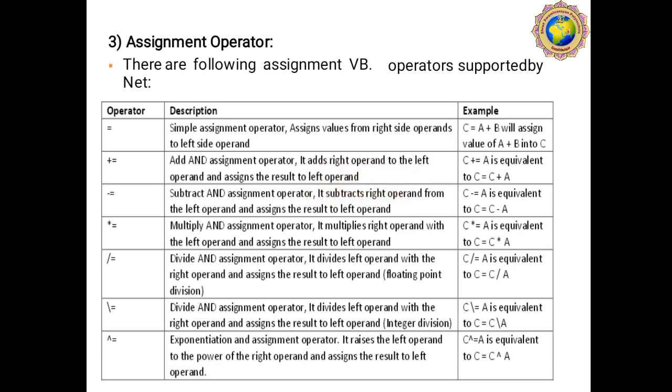So C += A is equivalent to C = C + A. Then minus equals is the same as add and: the subtract and assignment operator subtracts the right operand from the left operand and assigns the result to the left operand. So C -= A is equivalent to C = C - A.